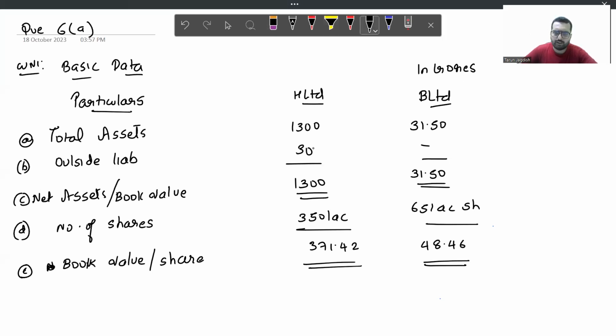So here you have a contingent liability of 300. So you will get the value over here as how much? 1,000 crore. So 1,000 crore divided by 350 would give you the answer as 285.71. All right. Can you please write down till here in your books? Okay.